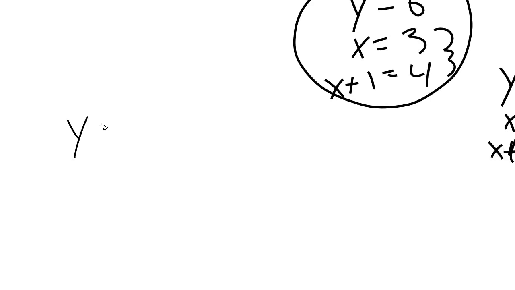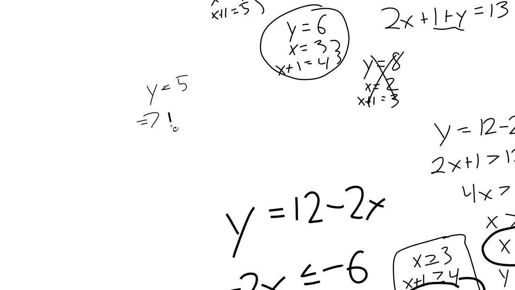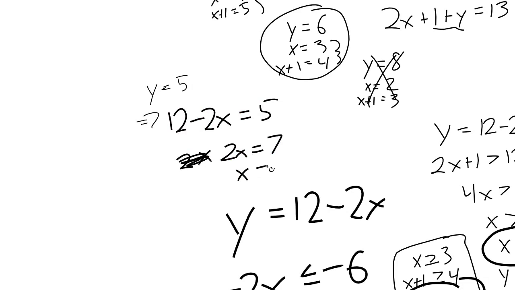If y was 5, that would imply 12 minus 2x equals 5, so 2x equals 7. X equals 7 halves, but we said that x was an integer, so that's not possible. So really the only possibility is this one.